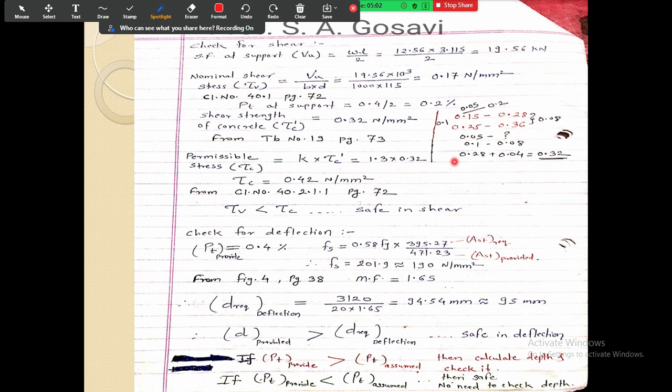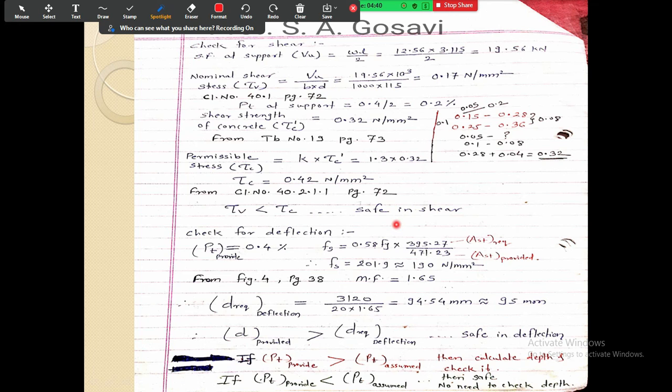Permissible stresses are given. From that table this value is calculated, and once your permissible stress is more than your nominal stress, that is tau c is greater than tau v, then it is safe. Or you can say that tau v is less than tau c, then it is safe in shear.